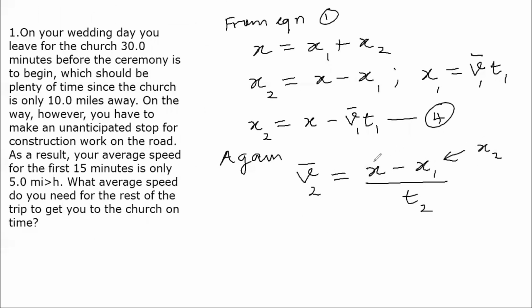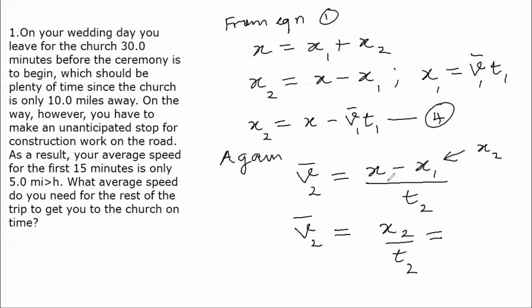So V2 will just be equal to x2 over t2 in short. So V2, which is the average velocity for the second part, can just be given as x2 over t2.